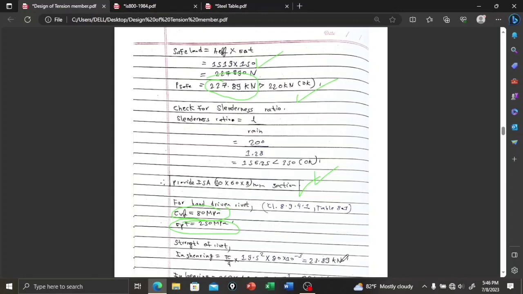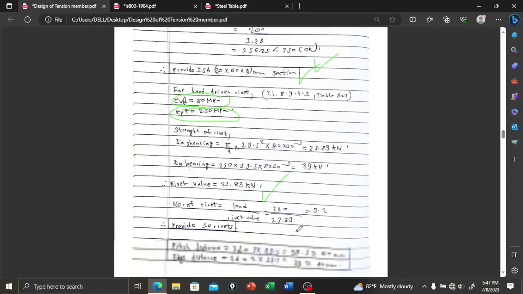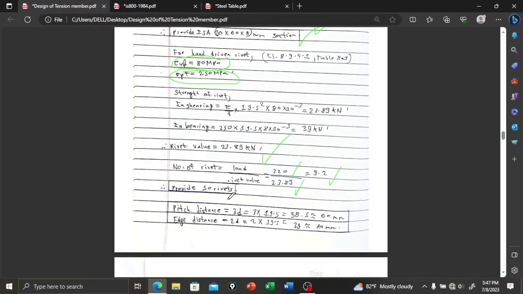To convert it in kilonewton, we divide by 1000. Bearing strength is this, 250 is this, sigma PF, and thickness is 8 and diameter is 19.5, and divide by 1000 to convert it in kilonewton. So minimum of this is 23.89, which is rivet value. Load is 220 kilonewton and rivet value is 23.89 kilonewton, so it is 9.2, so rounding up to 10, we provide 10 rivets.